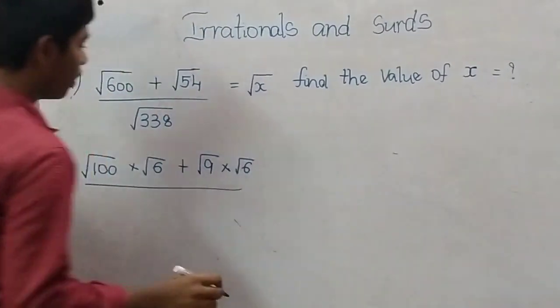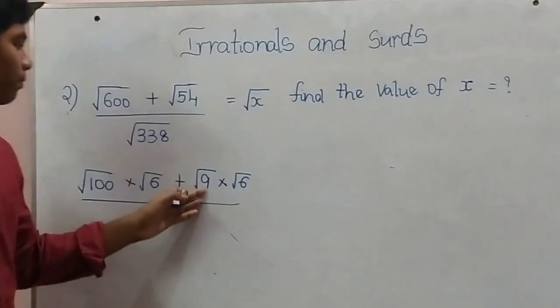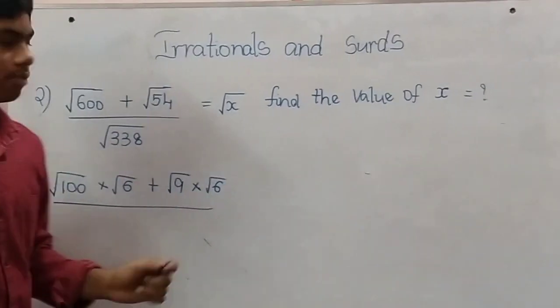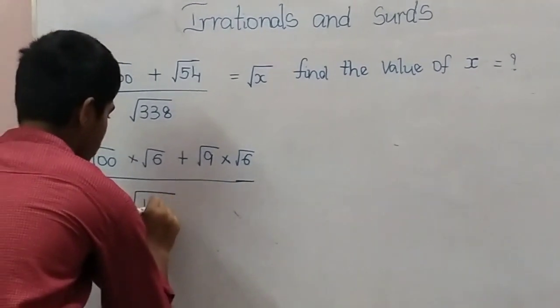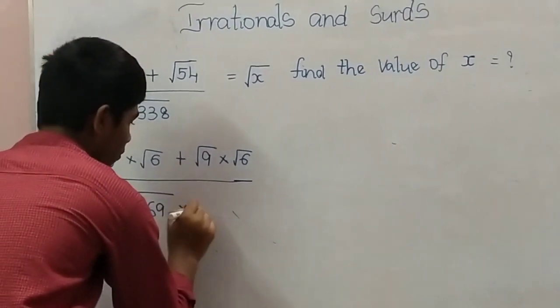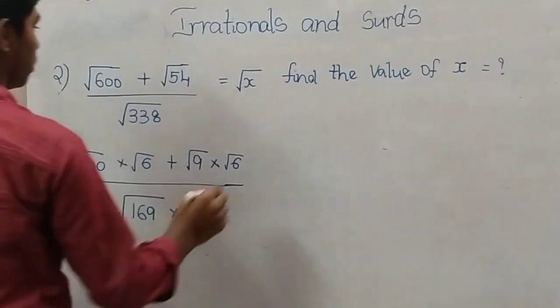We take the perfect squares so it becomes easy. Divided by root 338, we can write as root 169 into root 2, equals root x.